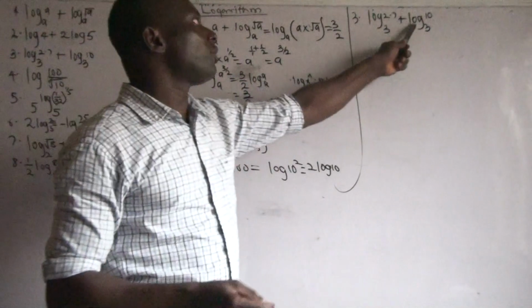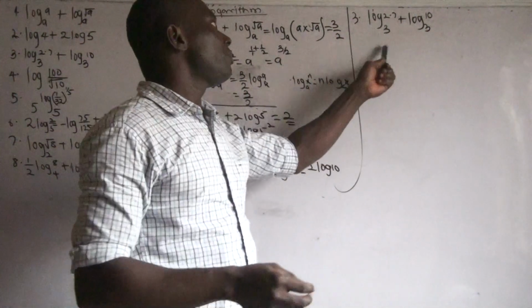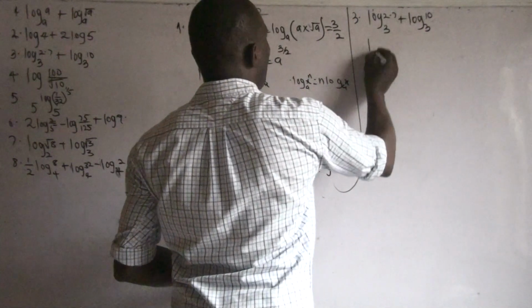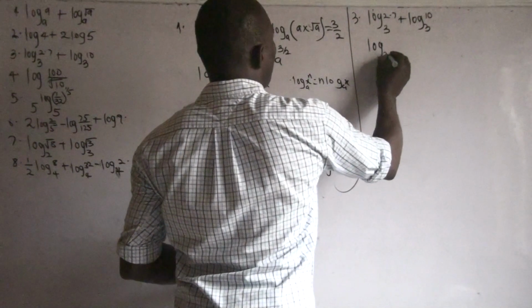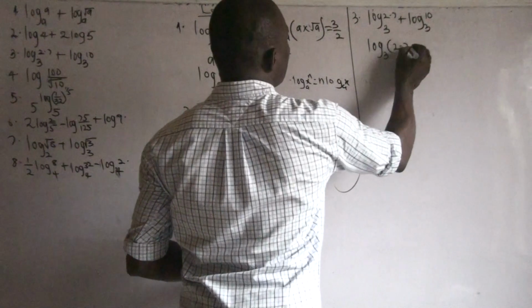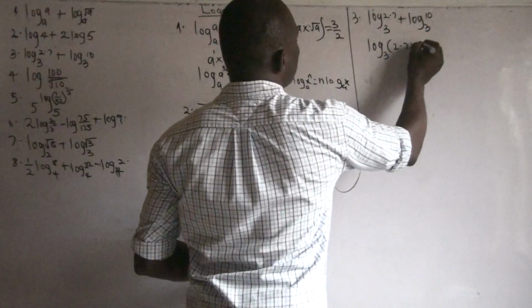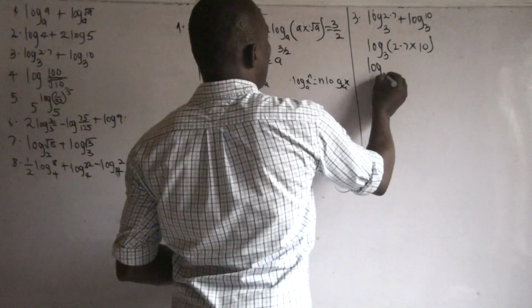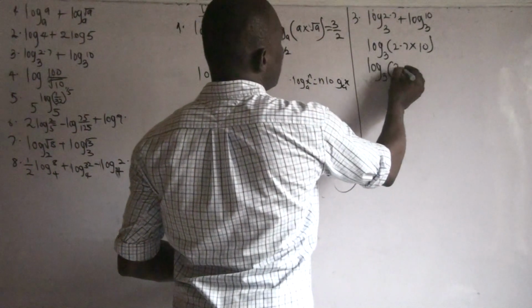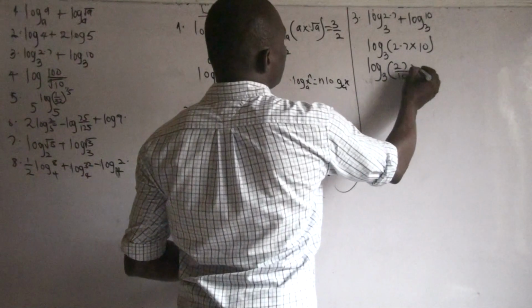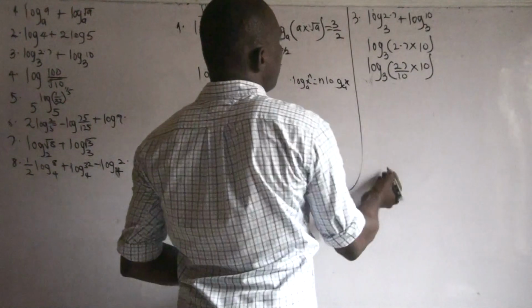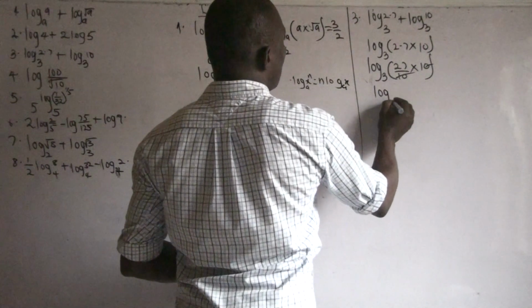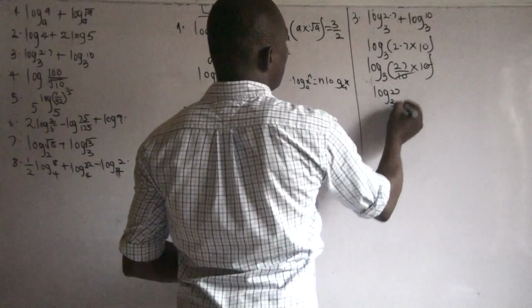So that means it is multiplication, because the bases are the same. So here we can write this as log base 3 of 27 times 10. Okay, this 27 times 10 is the same thing as 270 over 10. So that this will go with this. Here it becomes log 3 of 27.